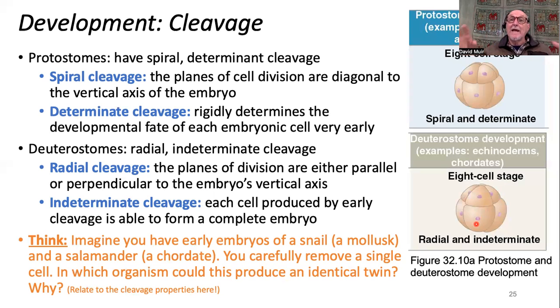And they'll be able to form 8 different embryos. So we say their fate is not tied at this stage to the fate of their neighbors. So we say that this is indeterminate. This is indeterminate cleavage. And this is true for us. We are deuterostomes, and that is true for us.